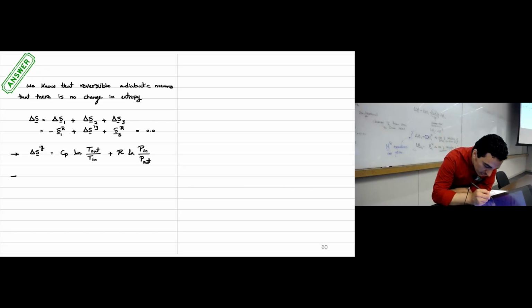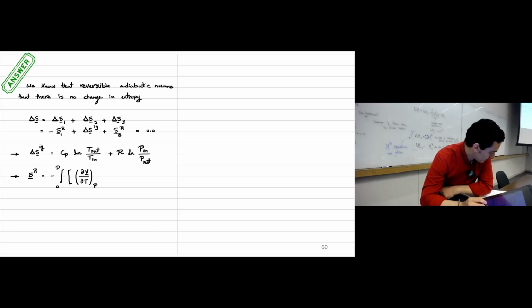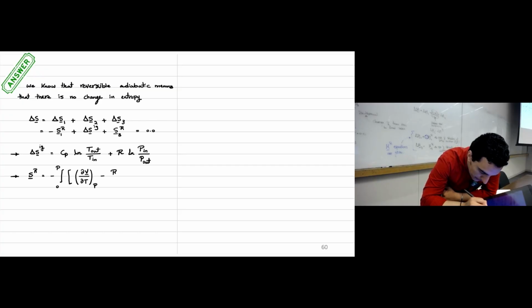Second equation, in order to find the residual entropy. The residual entropy will be negative the integration from 0 to the final pressure of (dV/dT at constant pressure minus R over P) with respect to dP.